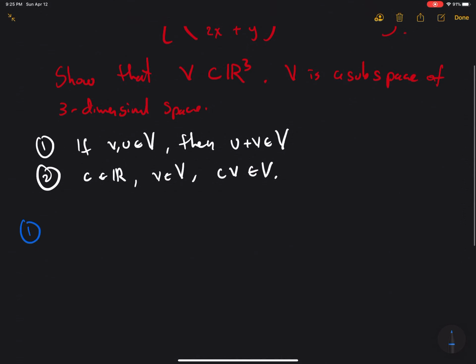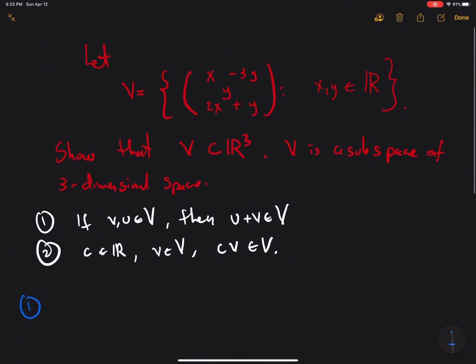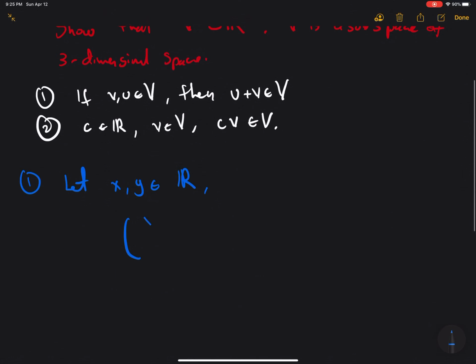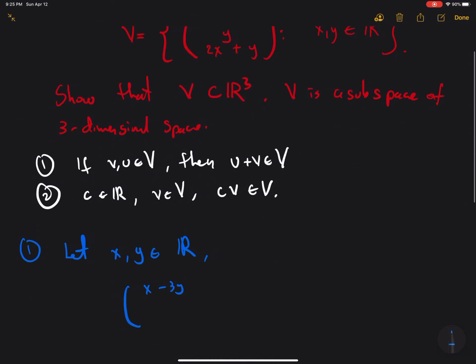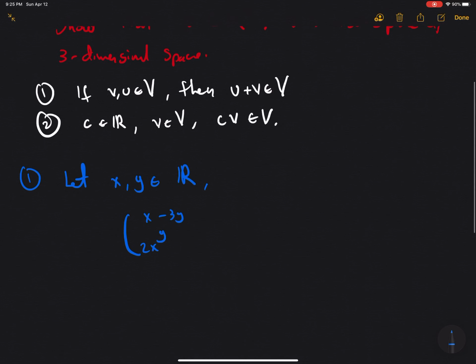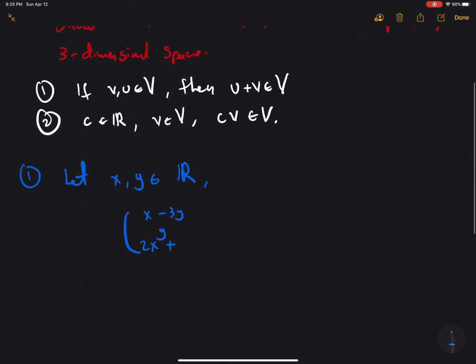The first one, let's grab two elements of our set. So let's say x and y are real numbers. That means that a particular combination like this would be an element of our set.